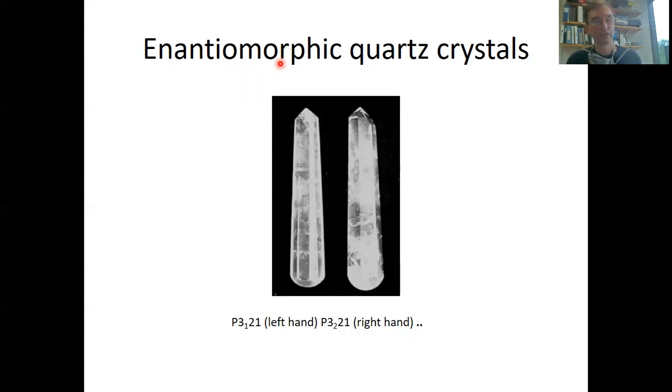So when you look into nature and analyze the shape of quartz crystals, like here and here, these are both single quartz crystals, you will find that 50% of them will have a 3-1 screw axis, while the other 50% will have a 3-2 screw axis, and the two crystals having different screw axes will be mirror images of each other.